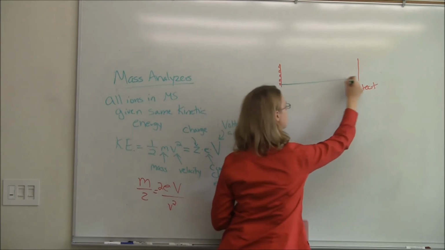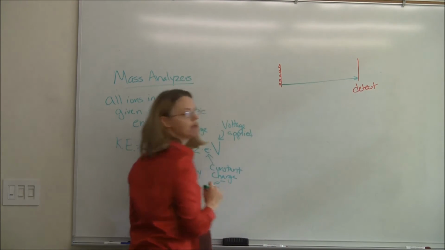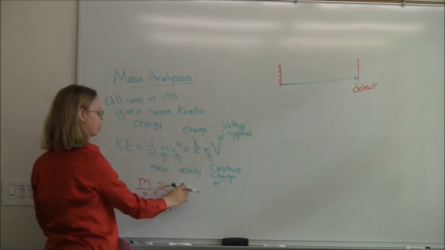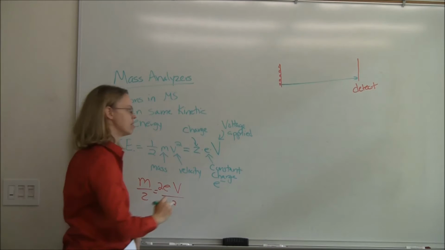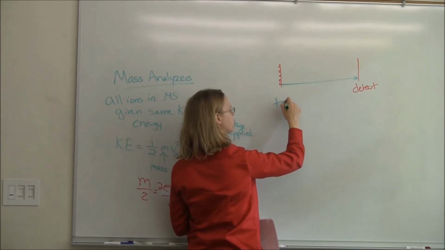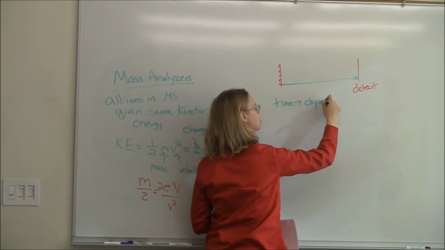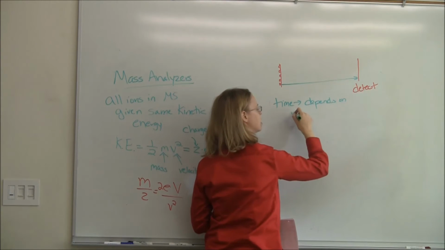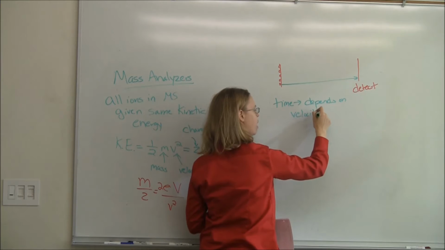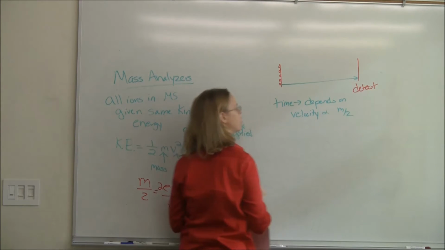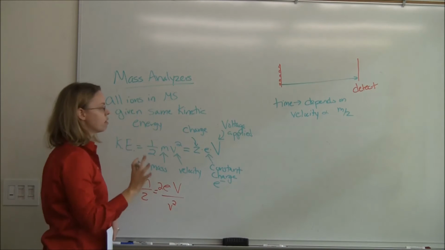Then you can race down, and we can look at the time to get to the detector. Ions with different mass to charge ratios, if this V is constant, will have different velocities. So the time to reach the detector depends on the velocity, which is related to that mass to charge ratio.